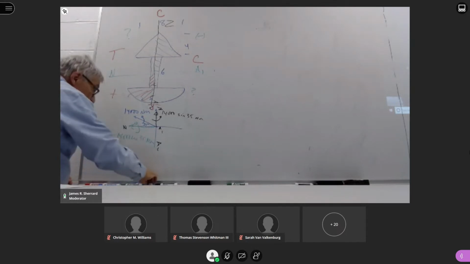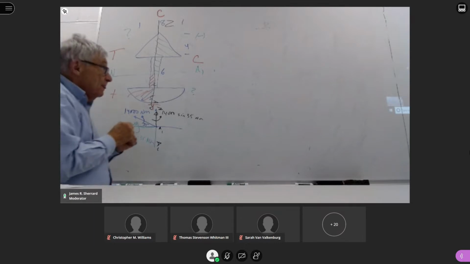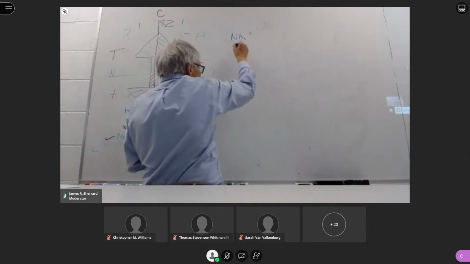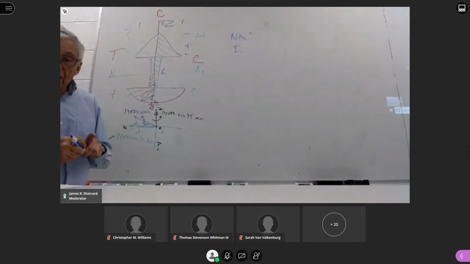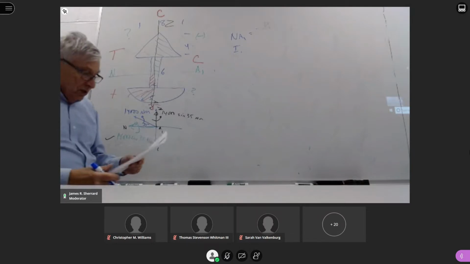So the next thing we need to do, let's go back to neutral axis 1. We know we're going to need a neutral axis 1. We also know we're going to need a rectangular moment of inertia with that. The nice guy that I am, I gave you the same problem for the last couple of times, so we've already worked all this.